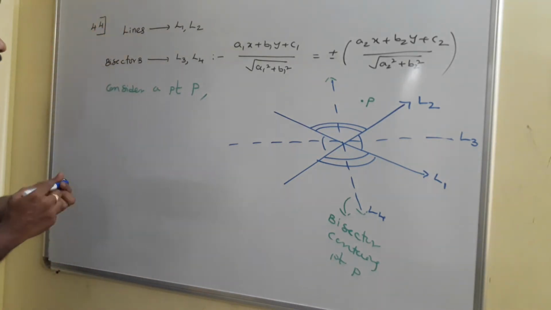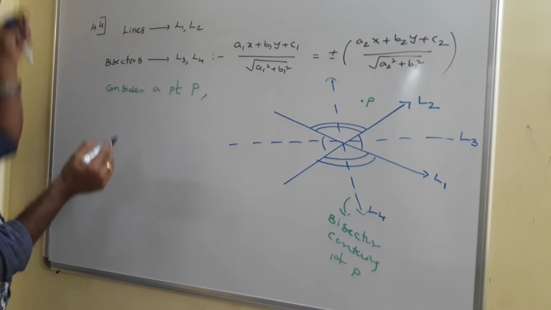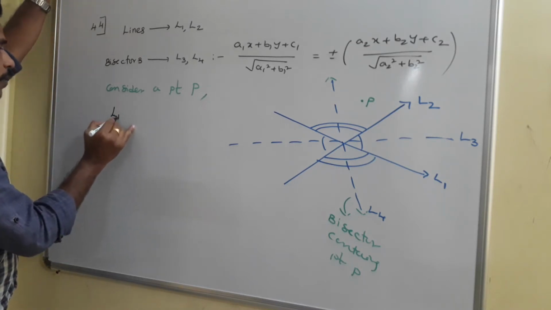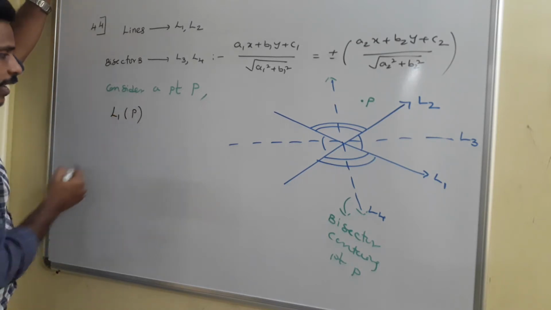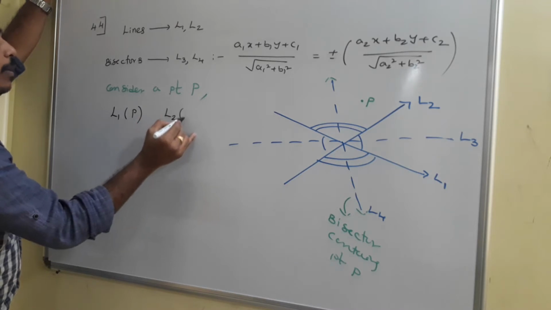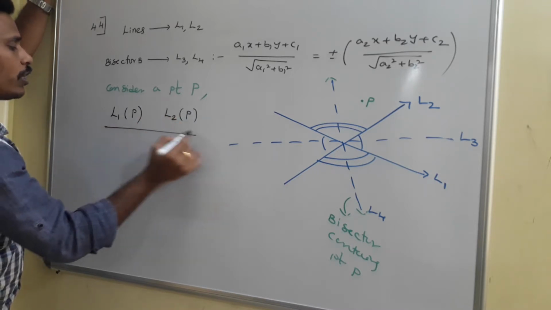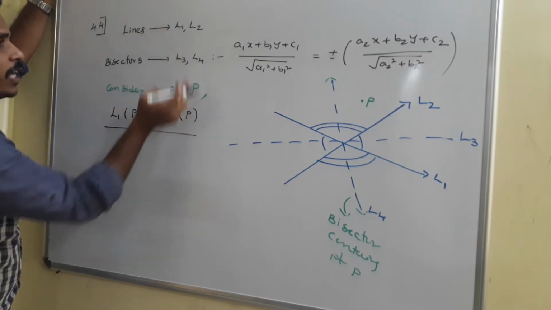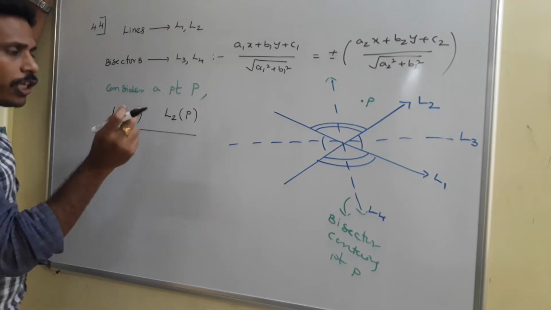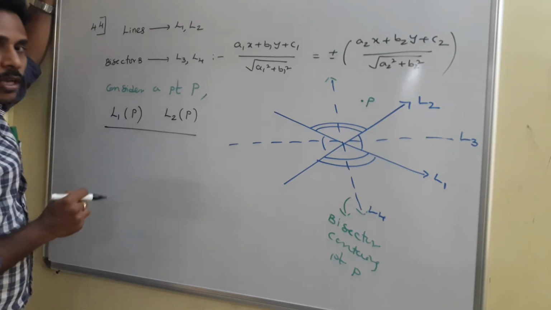To identify that, you need to substitute point P in the first line as well as in the second line, and observe the results.